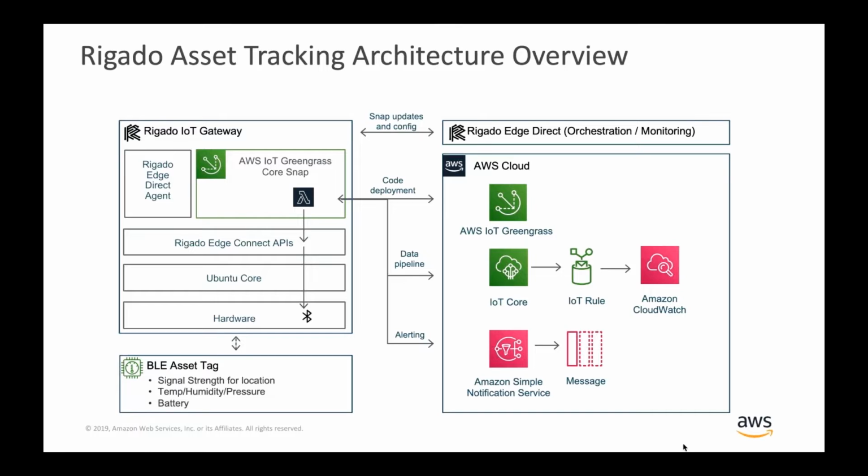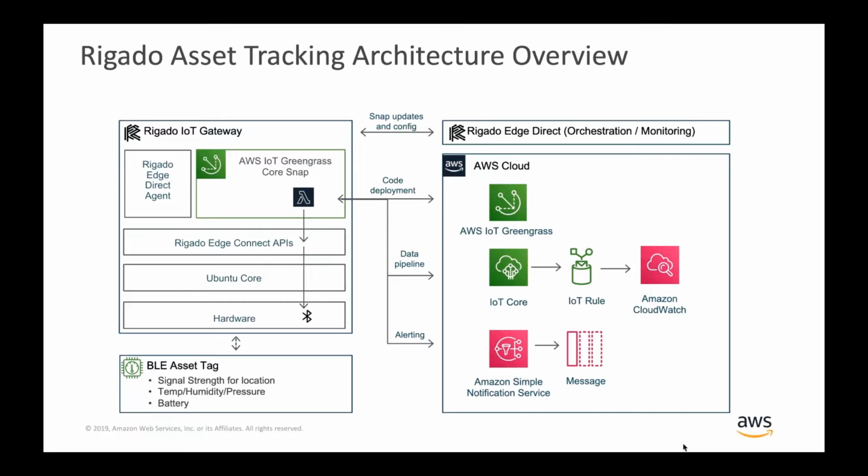They would be beaconing out their ID, which would be correlated to a particular package or pallet or whatever makes sense. In addition to that, they would also be advertising out environmental information such as temperature. So if you are shipping a package, let's say that has vaccines or food that needs to be kept at a particular temperature, what this solution would do is allow that environmental data to get collected by our gateways that are running Greengrass, and then have business rules act on those depending on what needs to happen.